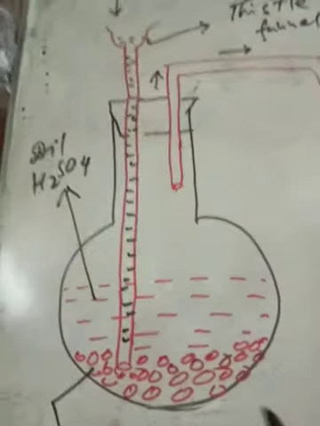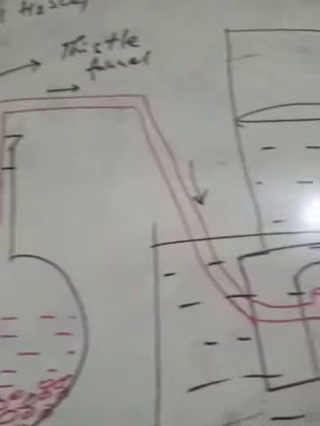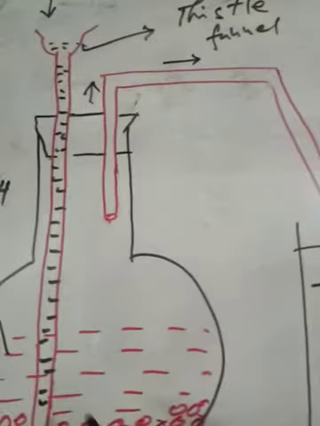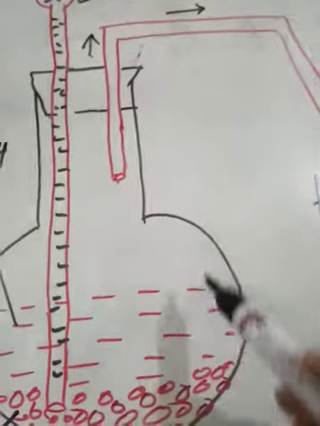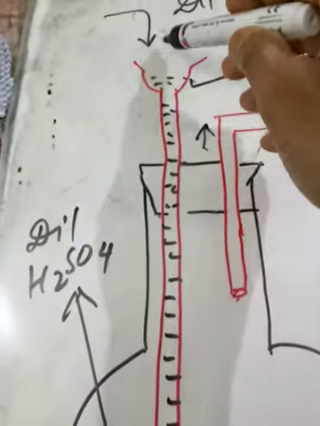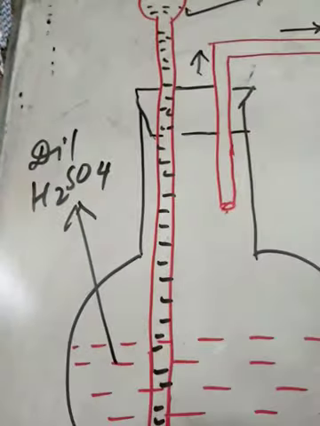Now you will see the diagram. This is the diagram of the preparation of hydrogen gas. Here this is the round bottom flask, and this is a thistle funnel through which dilute sulfuric acid is added.